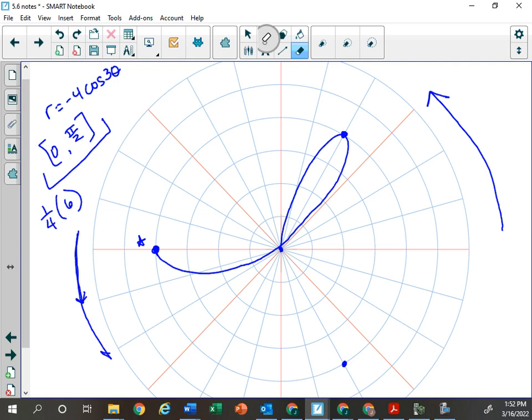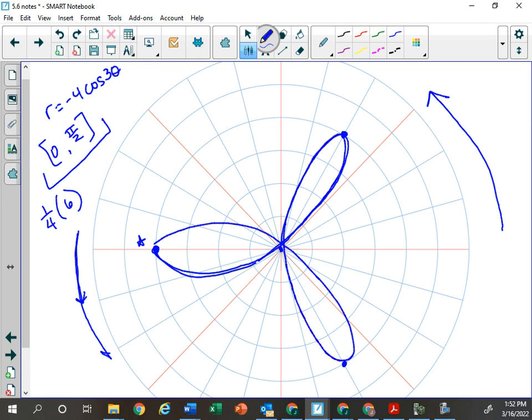Why do you say there's 6 petals? Okay, so if I graph 0 to 2 pi, this would be 0 to pi. Pi to 2 pi is those petals again. So it's 6 petals because you repeat the 3 petals.